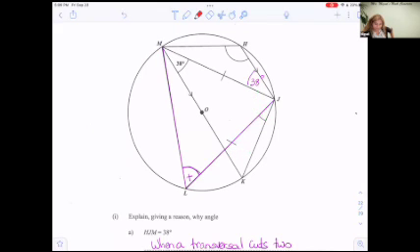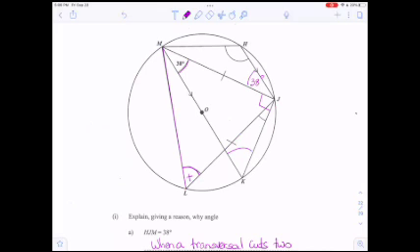If this is a 90 degree and this is 38, can you work out this angle? Work it out and tell me how much is the angle at K.